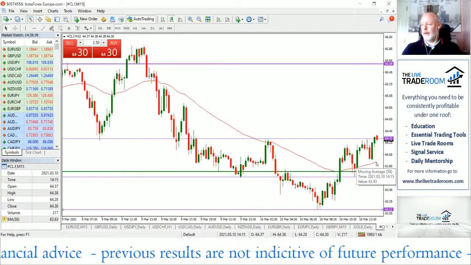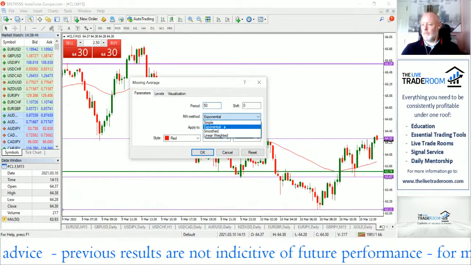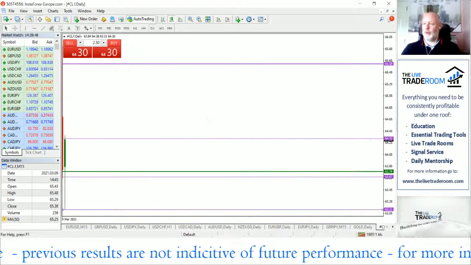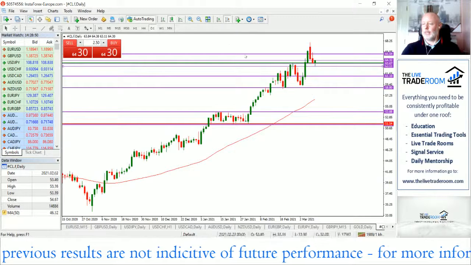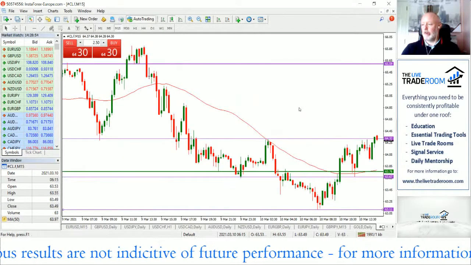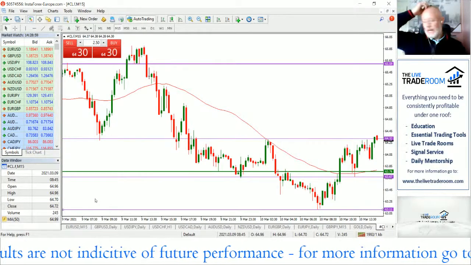That's on the 15 period EMA, but we prefer the simple period moving average. It's far more important on the daily time frame, and less important on your smaller time frames. So does that make sense? I hope it does.